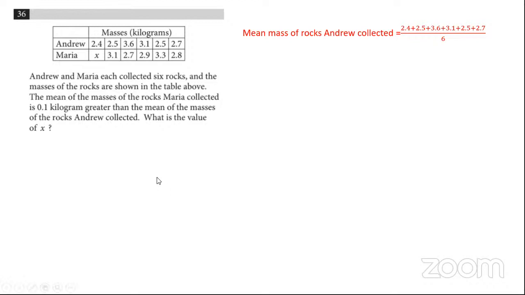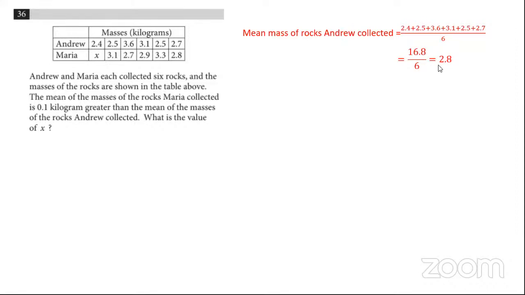The sum will be 16.8, divided by 6, which is equal to 2.8. Cool. So that is the mean mass of rocks Andrew collected.